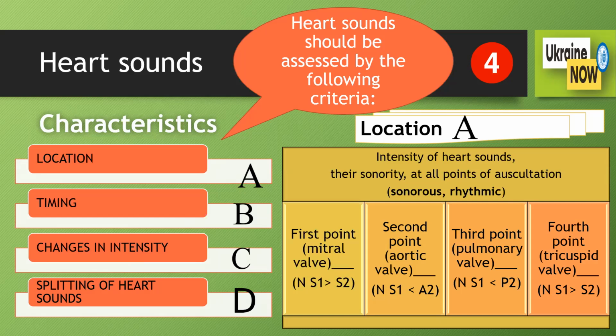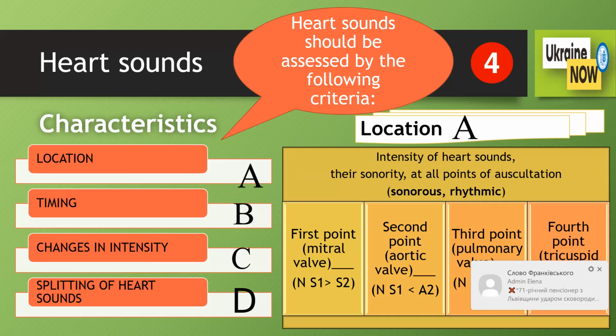At the first and fourth listening points, the first heart sound S1 is louder than the second one. At the second and third listening points, the second heart sound is louder than the first. The second sound of the aorta and pulmonary artery is of the same loudness.